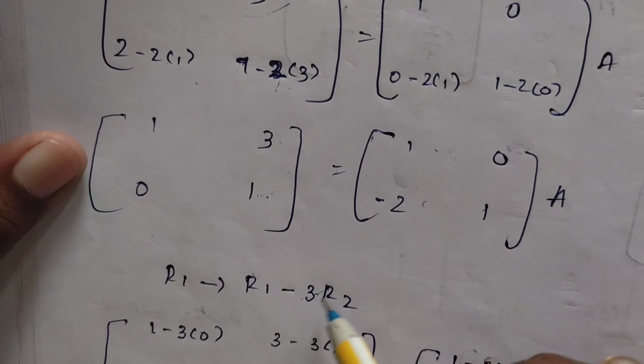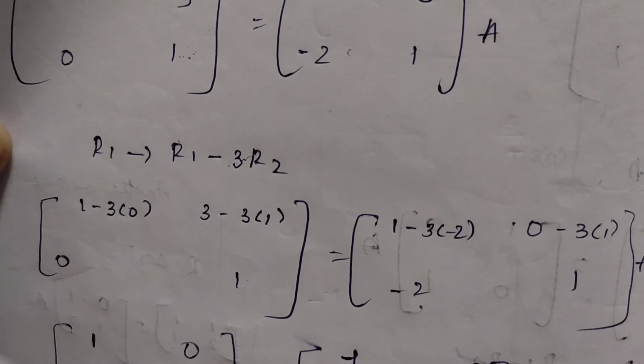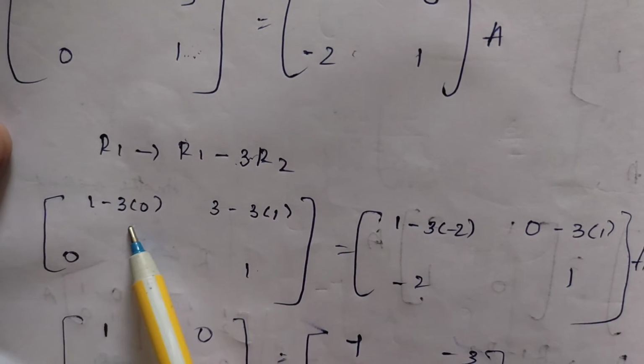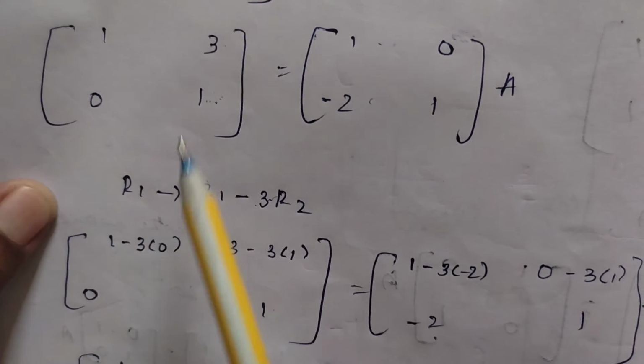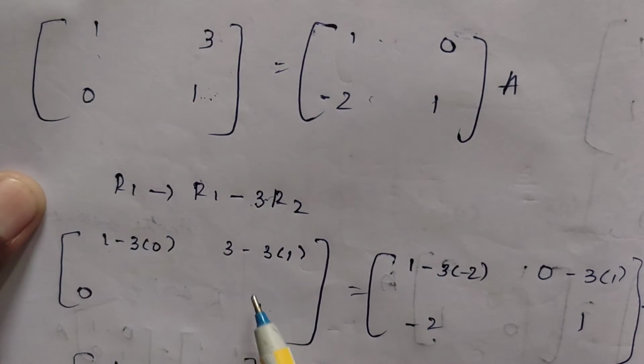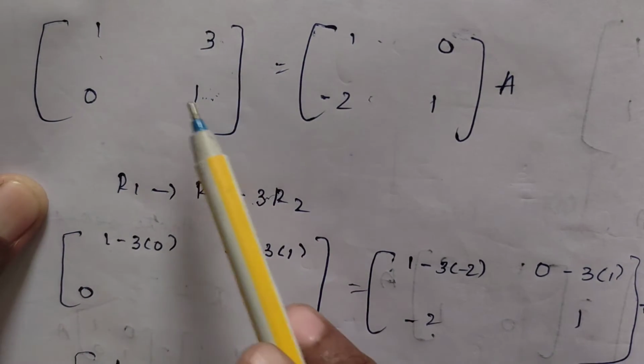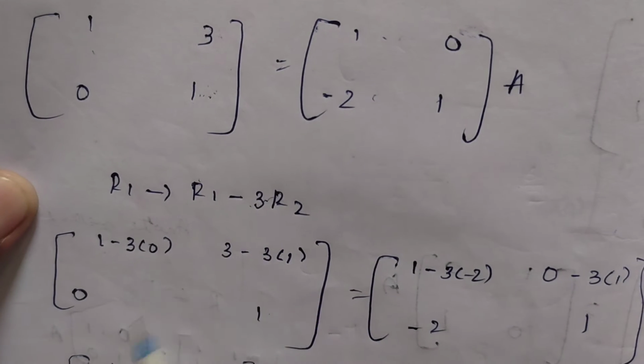R1 minus 3 R2. So 1 minus 3 into 0, 3 minus 3 into 1, 0 1.